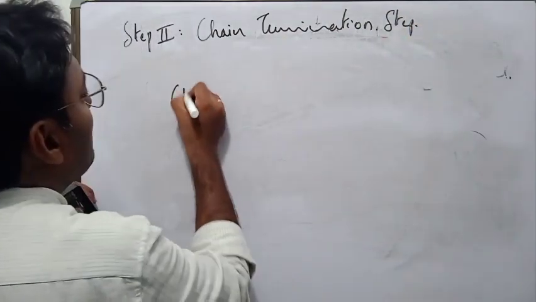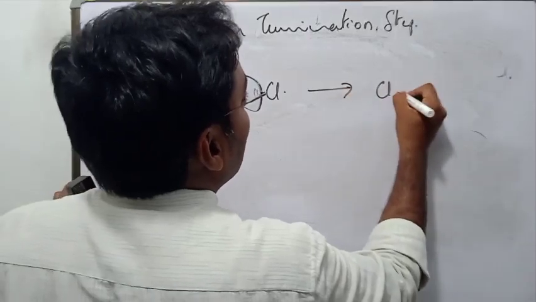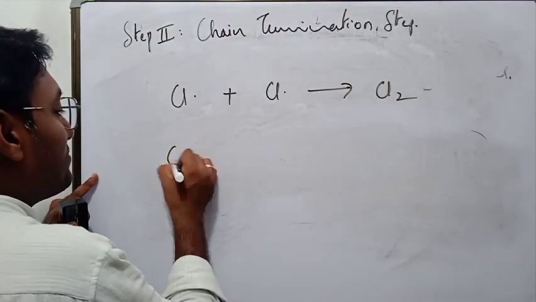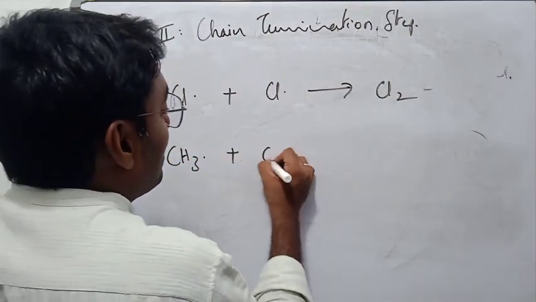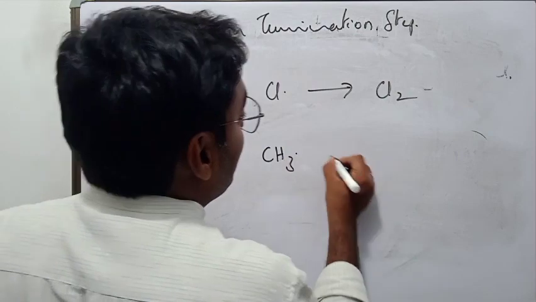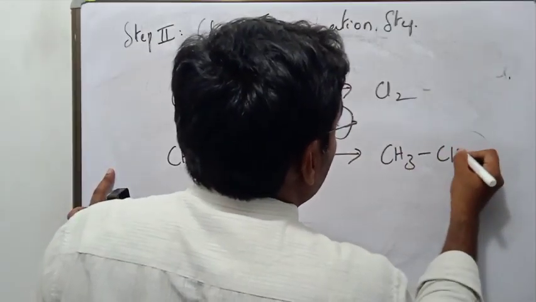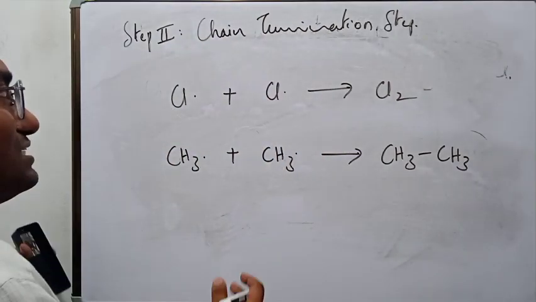A Cl free radical collides with another Cl free radical and forms the Cl2 molecule. Or in some cases the CH3 free radical that was formed in the first step can collide with another CH3 free radical and form CH3CH3, ethane, right? So these are the 3 steps.